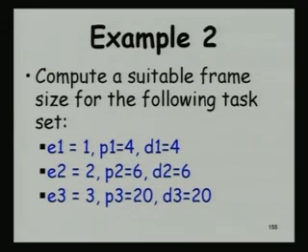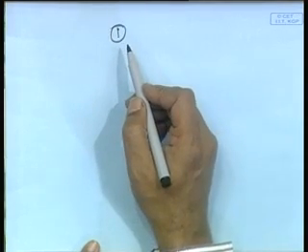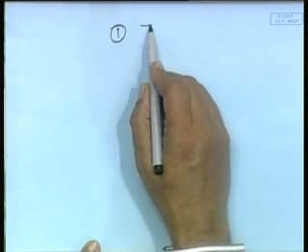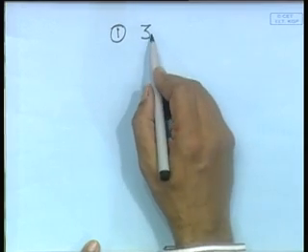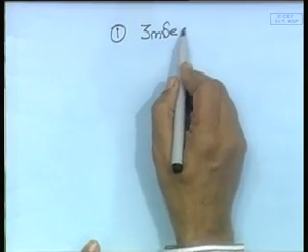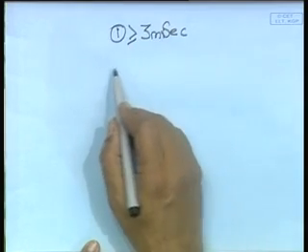So first tell me, what is the minimum frame size? The first constraint sets the minimum. 3 milliseconds or higher. It should be greater than or equal to 3. That is the first constraint.